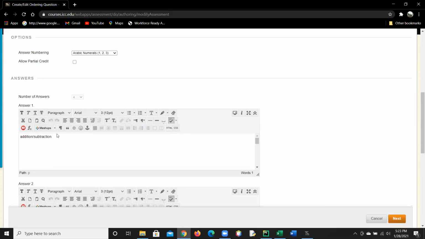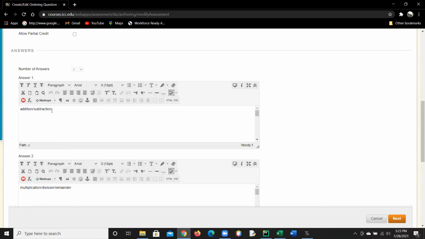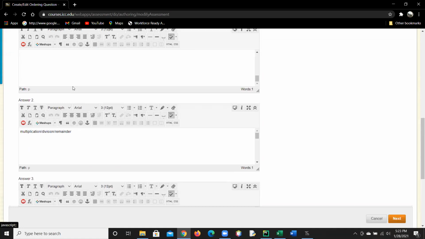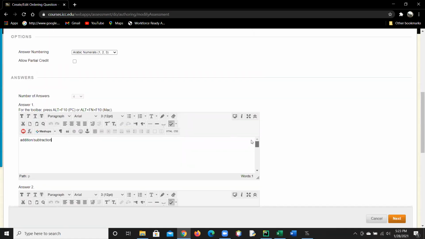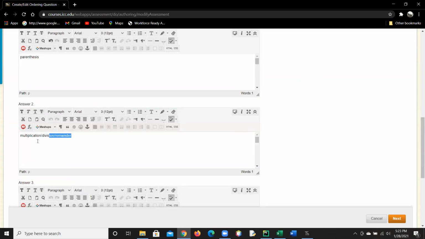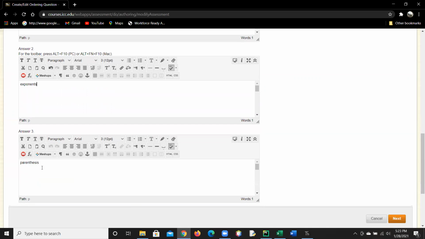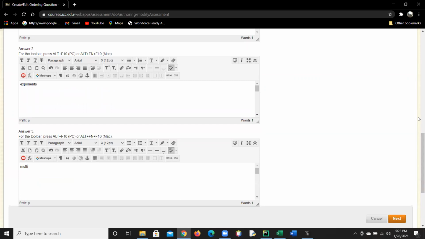Addition, 1. That's crazy. Why is that? All right. So this should have been, this is hard, huh? Here I am typing in the answers in front of you. So this is exponents. Oh no, parentheses, right? And then the next one down should have been exponents. And the next one down should have been multiplication, division, and remainder.